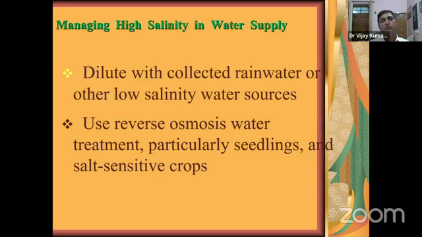very successful in growing in poly houses or in a closed structure or net houses, and the water is so poor. So the only technique they have used is the reverse osmosis technique. You understand?